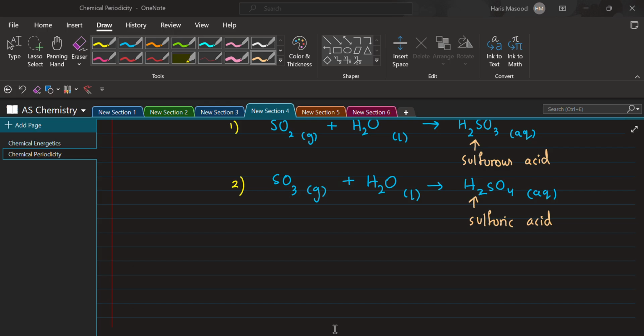Okay, now we have the acid base behavior of period 3 oxides, and that is really important.